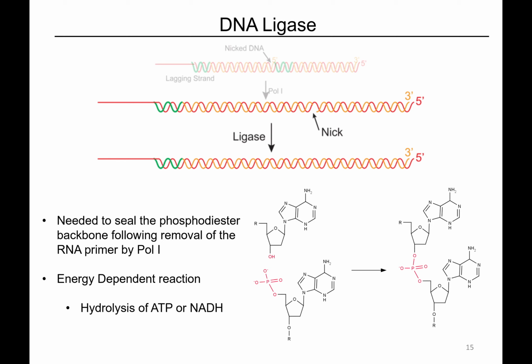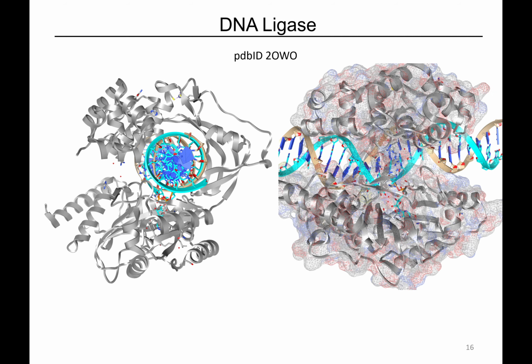In this case, we can power them using either ATP hydrolysis, or curiously enough, there's a fairly large class of DNA ligases that can use NADH as a power source. So hydrolysis of NADH. Okay. Today in the activity, we're going to work through thinking about how ATP is used. Okay. In your problem set, you might want to think about how NADH might be used.